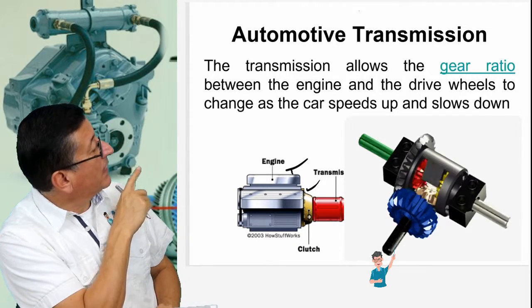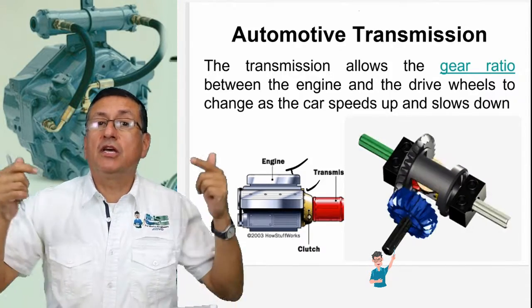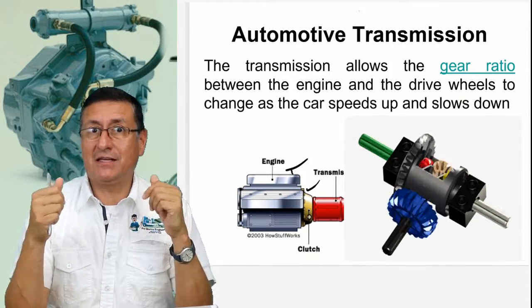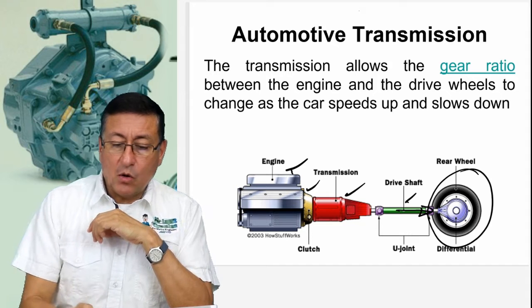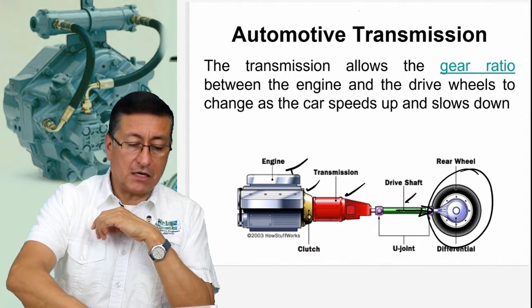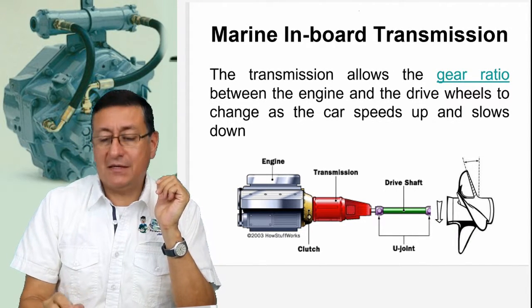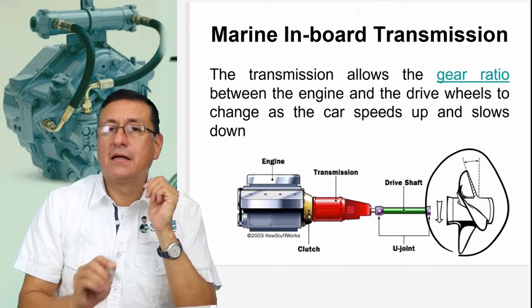That's the input shaft, and those are the output shafts moving each one in the same direction. All right. Okay, and the marine configuration is pretty similar to the automotive configuration. This is the marine configuration. Yes, we replace the end with the propeller.